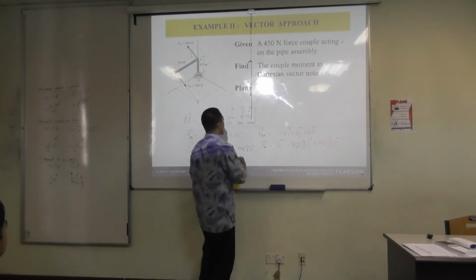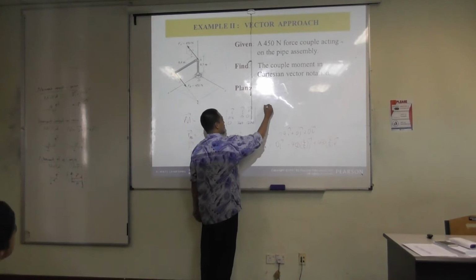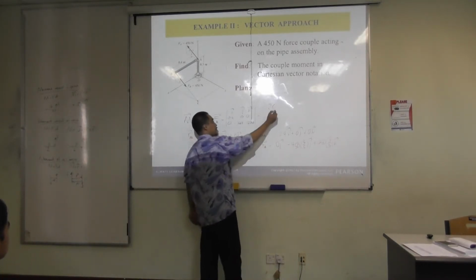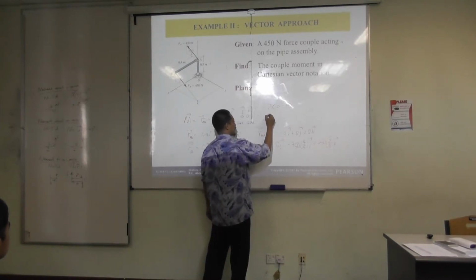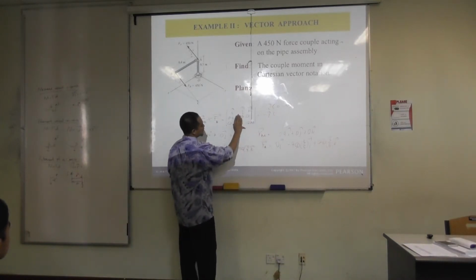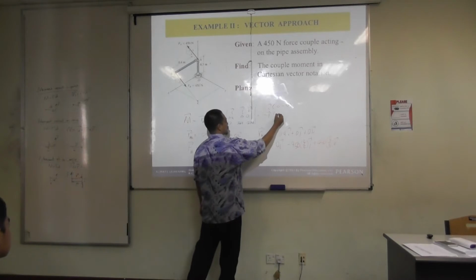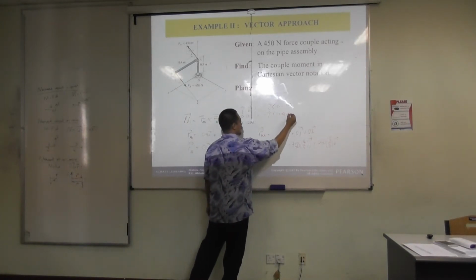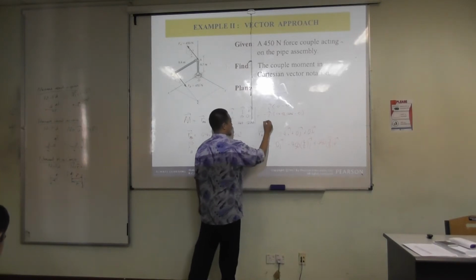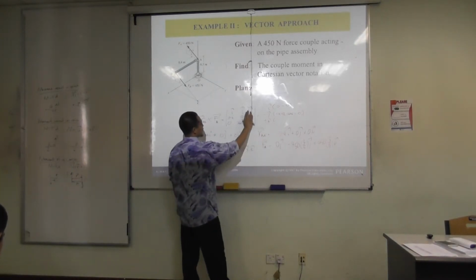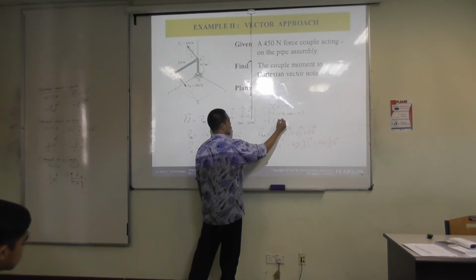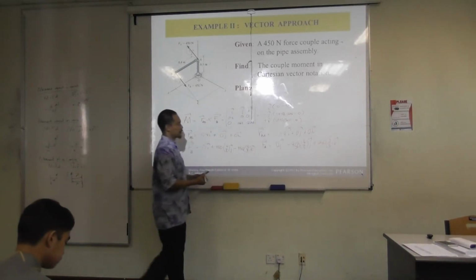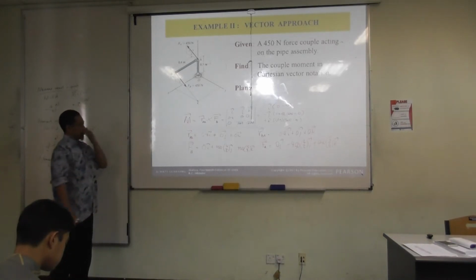Okay, in this case, what do you get? i times 0 minus 0 basically, minus j times 0.4 times minus 270, minus 0, and then plus k times 0.4 times 260 minus 0, right? And then you get the answer in terms of j and k.